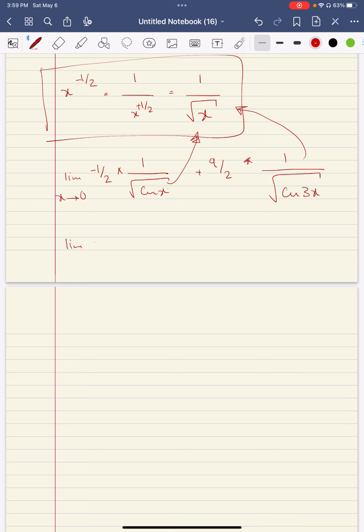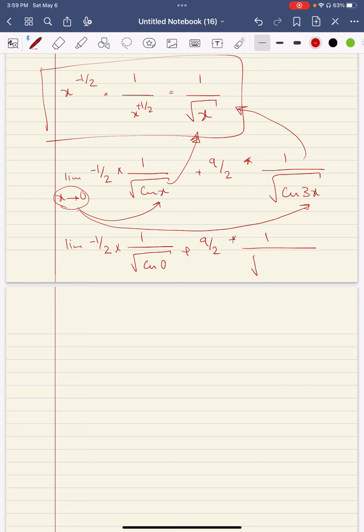So it would be negative 1 over 2 times 1 over root cosine 0. I'm going to replace the x's, plus 9 over 2 times 1 over root cosine 3 times 0. 3 times 0 is 0. Cosine 0 is 1.